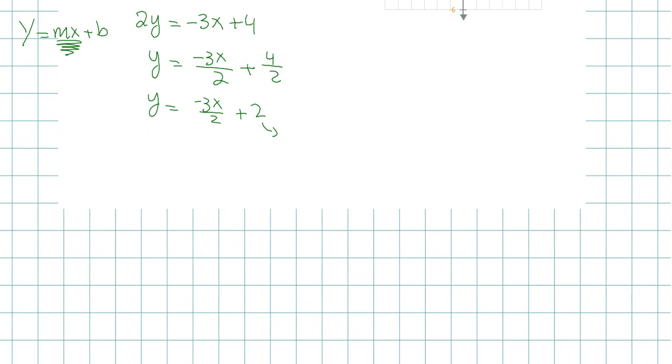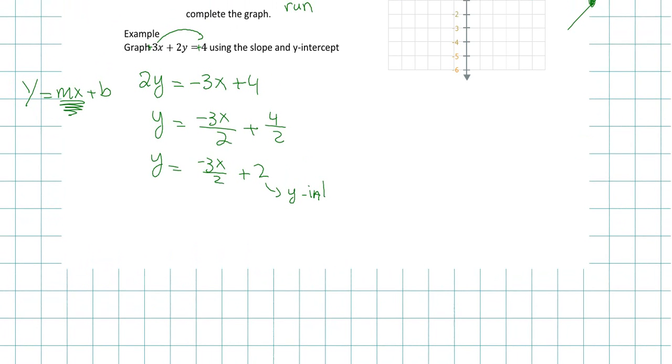How about my slope? What's the slope? Negative 3 over 2, right? So my slope is negative 3 over 2. If you want to describe this with respect to rise over run, what do you say?